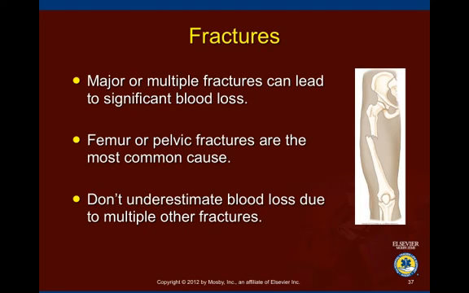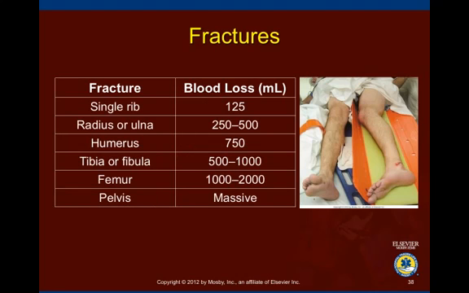So again, fractures, femur or pelvis are the ones that we worry about the most. And here's a pretty good slide showing you some potential, not average, but potential blood losses. And the humerus, I thought, stood out there. I would have thought the humerus would have been less than that, would have been in the 250 to 500 range.